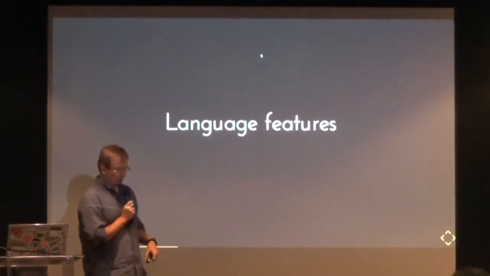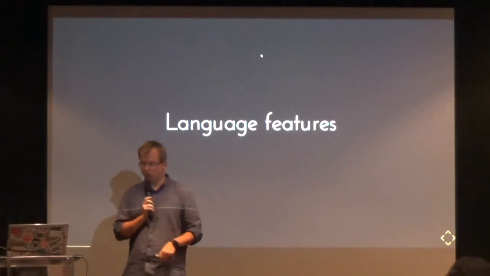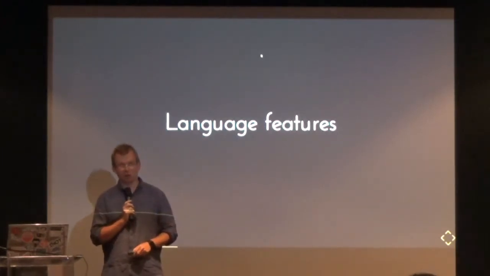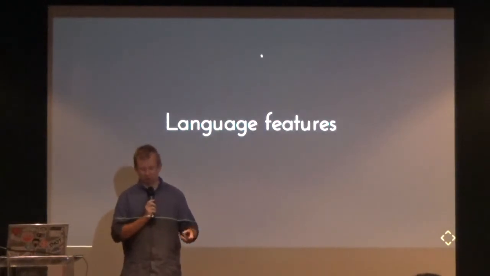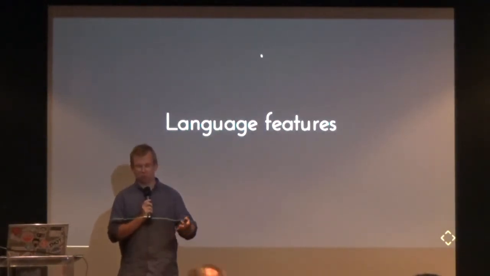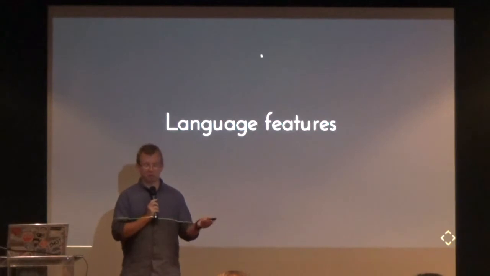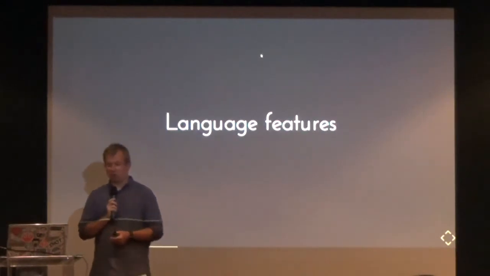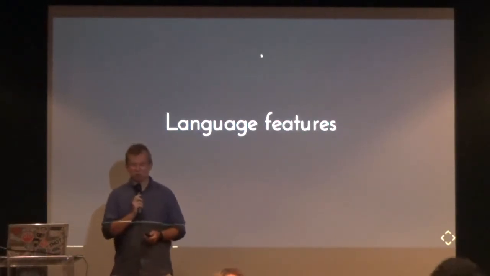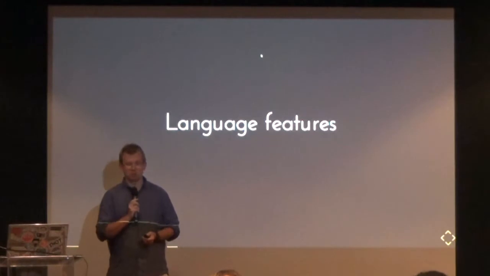The second, more interesting part of the API is language features. By language features, I mean the things that need to happen if the user wants to see IntelliSense, so autocomplete, or tooltips, or go to definition. Implementing such features is basically implementing interfaces.